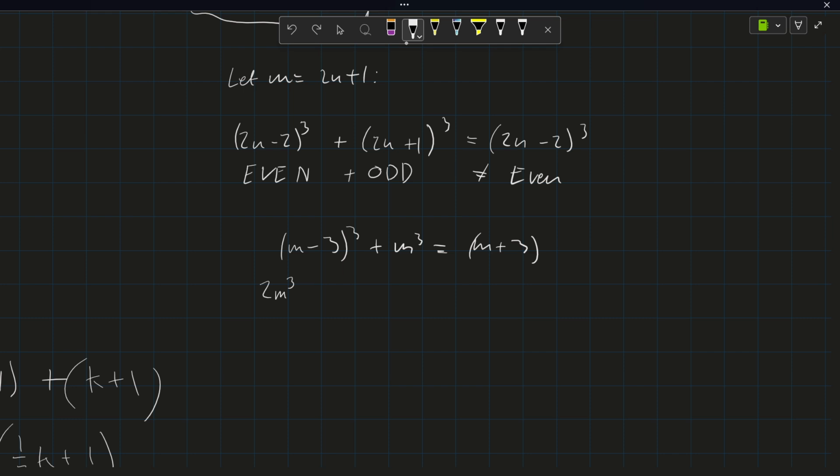2m cubed minus 6m. Okay, 2m cubed minus 6m will be multiplied by minus 8. Then 9 times 3, and then it'll just be 3.